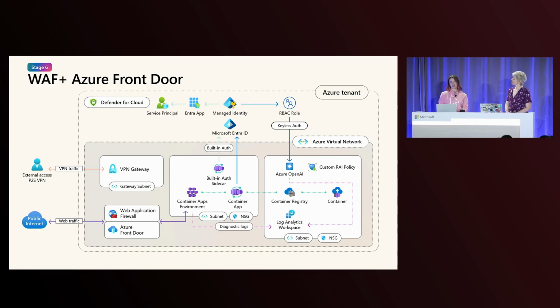Now, when you do this in Azure specifically, you can't deploy a WAF by itself. If you go and search, you'll see that you get WAF with Front Door or you get WAF with Application Gateway. There's no such thing as WAF by itself. The reason for that, and how you decide which one you want, is to do with your traffic distribution. Azure Front Door is our CDN, and you can use Front Door separate to WAF.